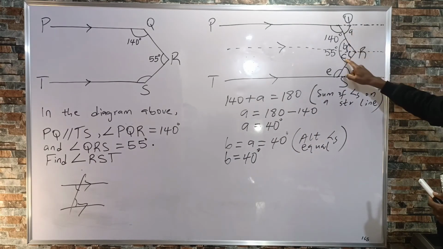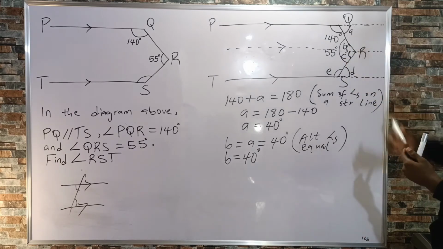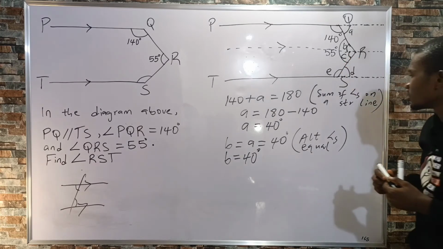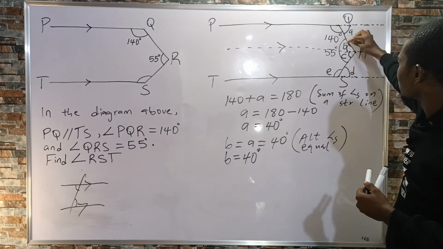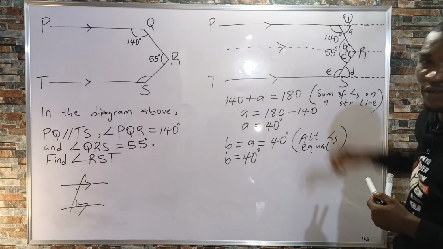So let's go ahead to find this angle C, which is the angle from this point to this point. So that is the angle C. We can say that summing angle B and C will give us 55 degrees.